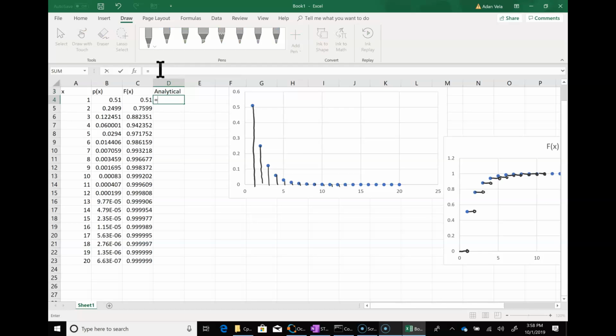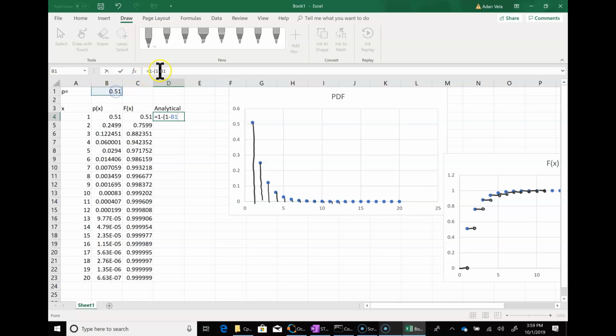All right, so I'm going to say it's equal to 1 minus, where did I put P? There we go. I'll hold that guy constant. And we're going to take it up to the floor. So floor just means round down. It's another way of saying round down.